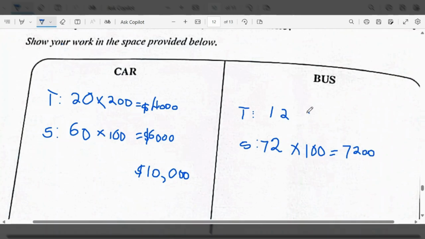And 200 times 12, that's 2,400. And that would have been 9,600. So for the bus, Mr. Taylor would have made 9,600 for the day.